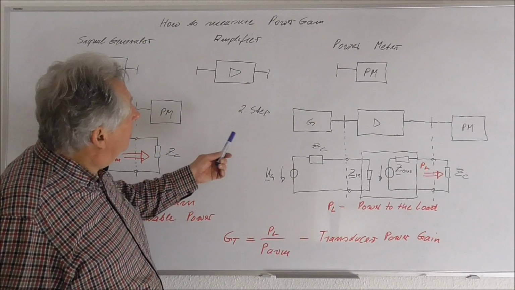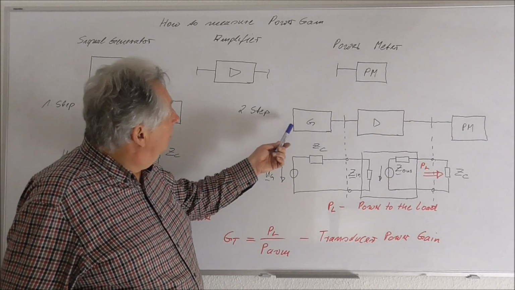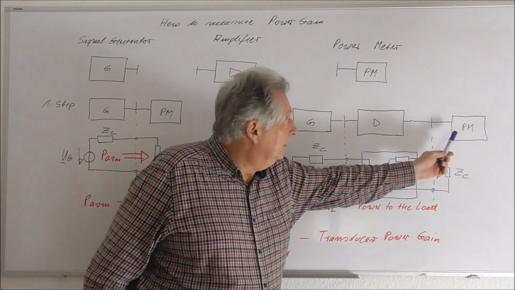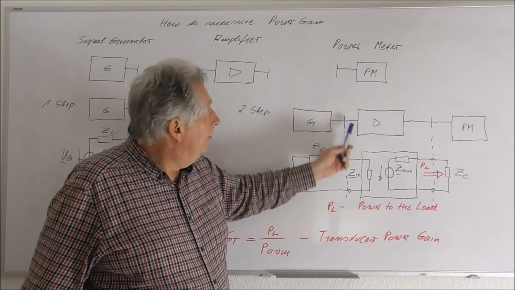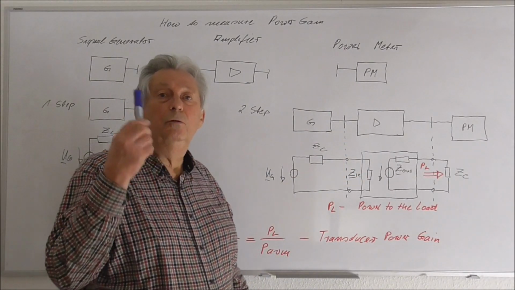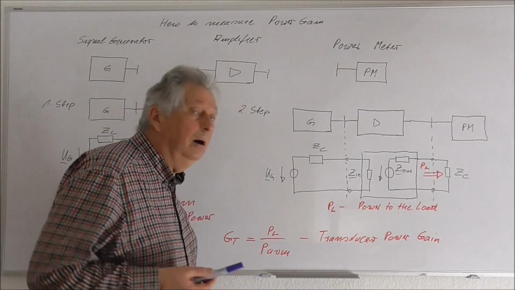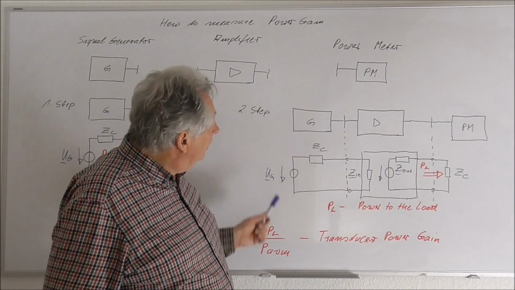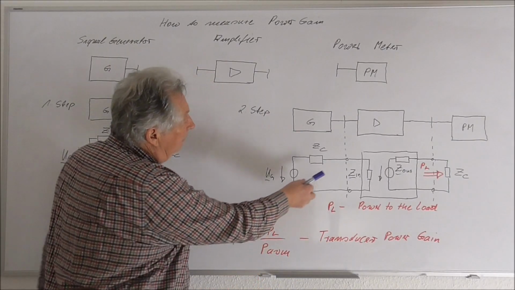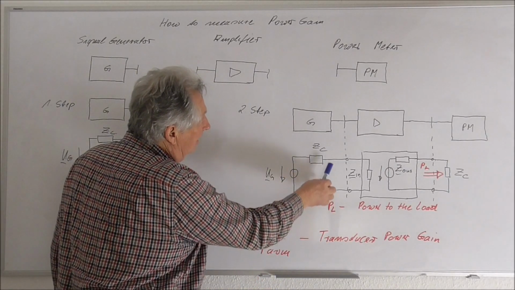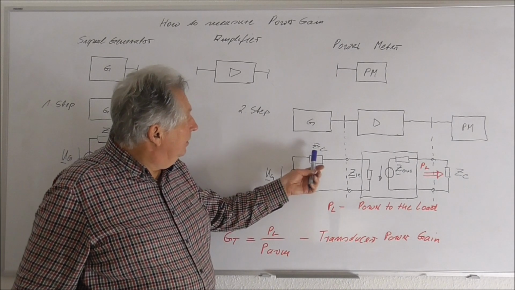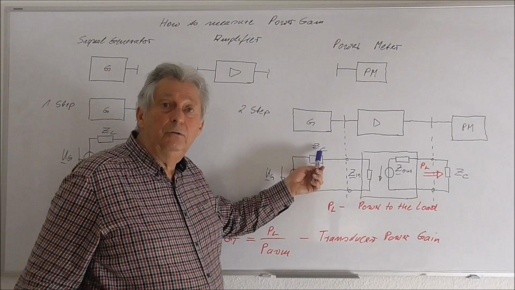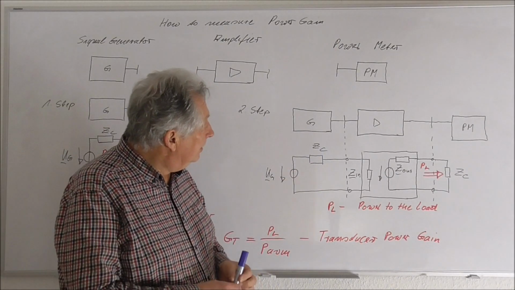In the second step we will now connect our amplifier between our signal generator and the power meter. I assume that I have an arbitrary amplifier, and if I again set up a crude equivalent circuit, then we have our signal generator again with an internal impedance which is real and equal to the characteristic impedance of the measurement setup.